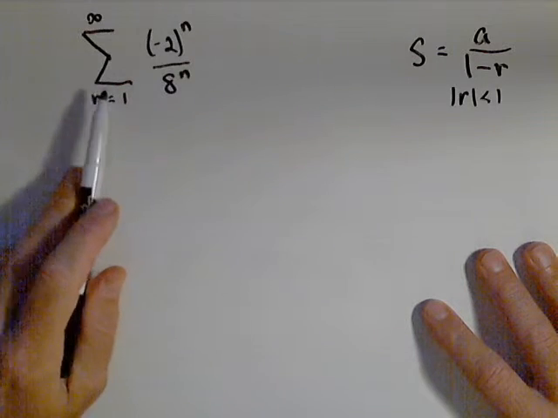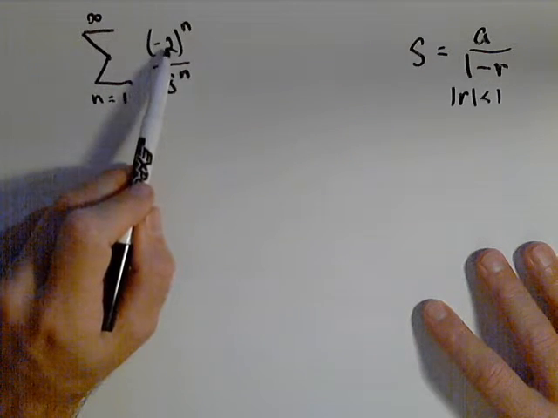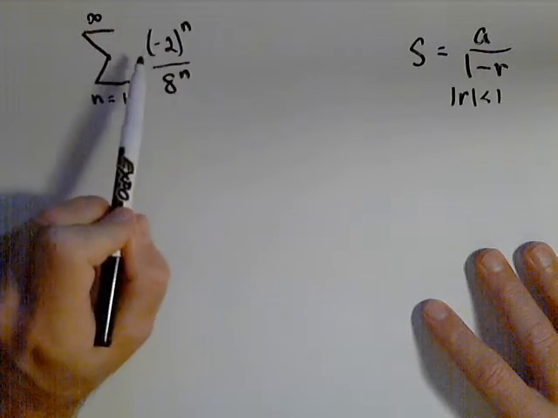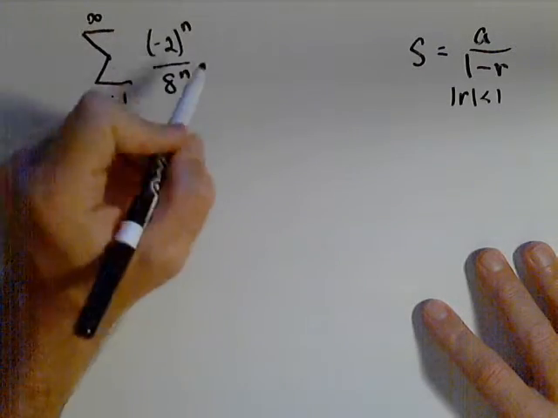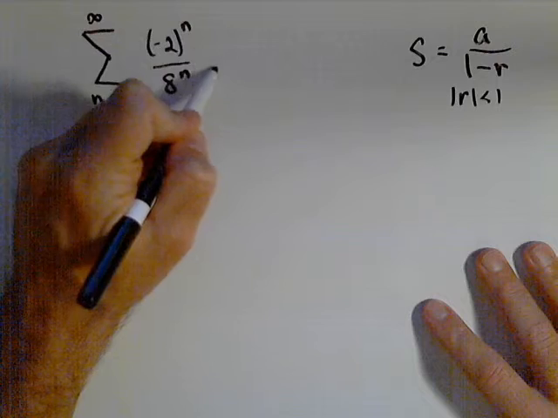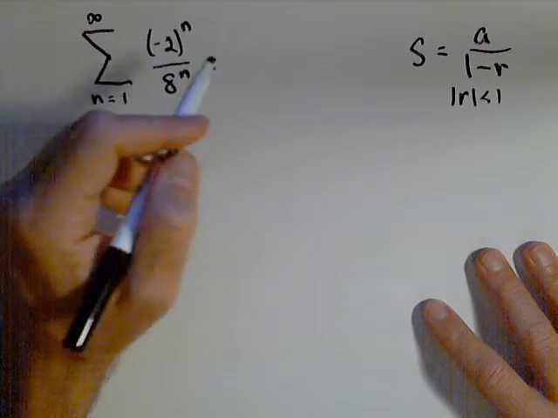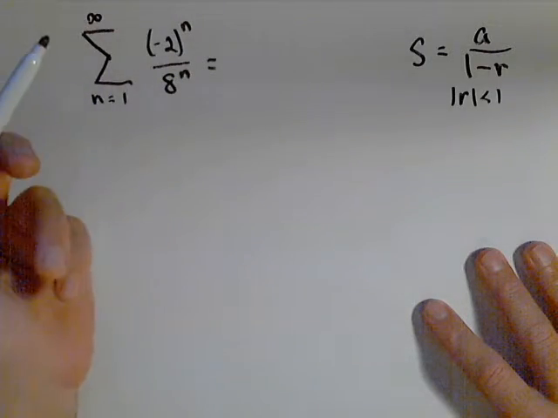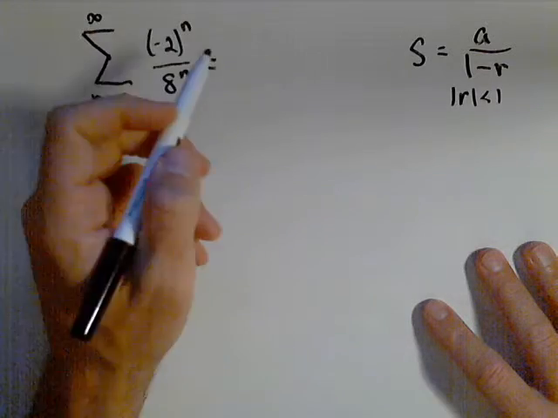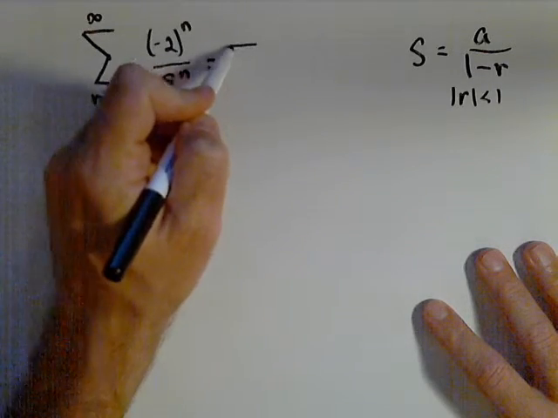So my first one here, I have what's called an alternating series, because every time n goes up by 1 it's going to switch back and forth between positive and negative. Now that doesn't keep us from being able to find the sum. It is infinite as long as our common ratio is less than 1, the absolute value of it.